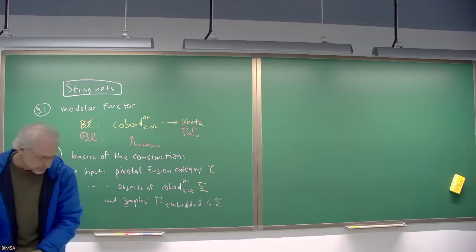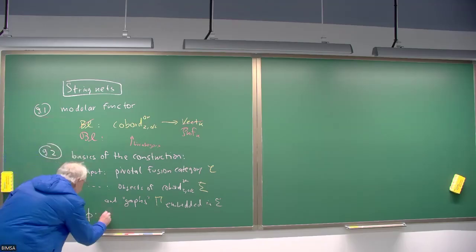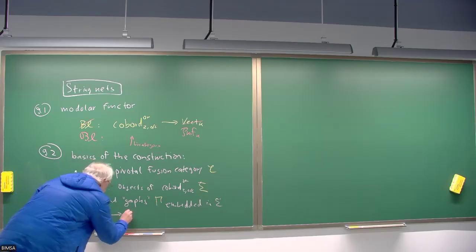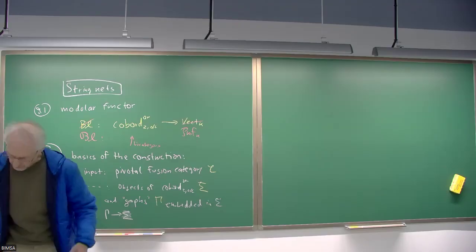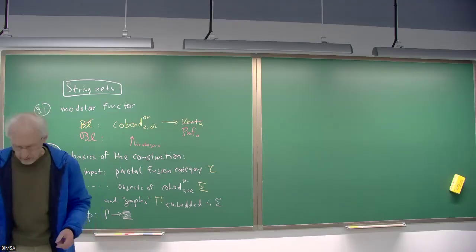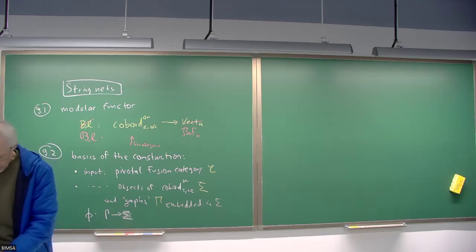So if I want to do this, then I would call it phi, say. There is an abstract graph, and it is embedded as a one-dimensional stratified submanifold of sigma.